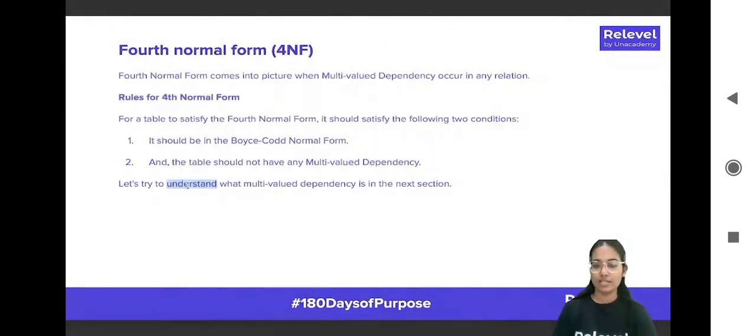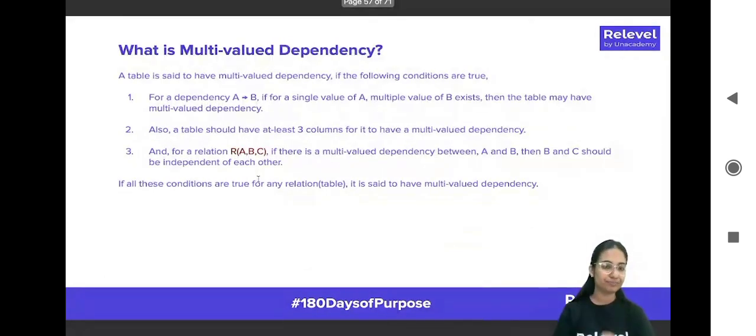Let's now try to understand what multi-valued dependency is first, and then we will ensure that it does not really happen in our tables. A table is said to have multi-valued dependency if the following conditions are true.